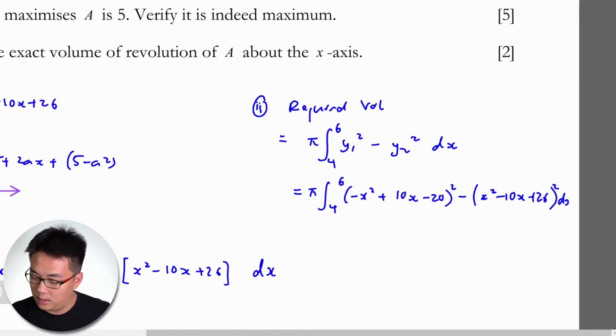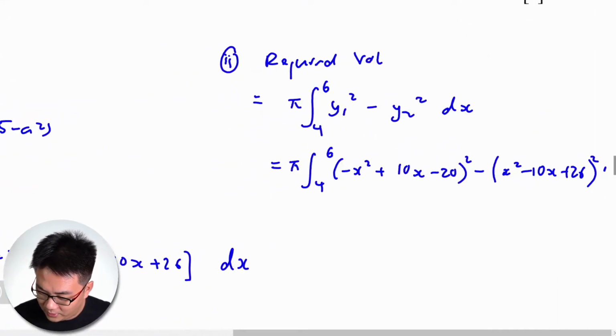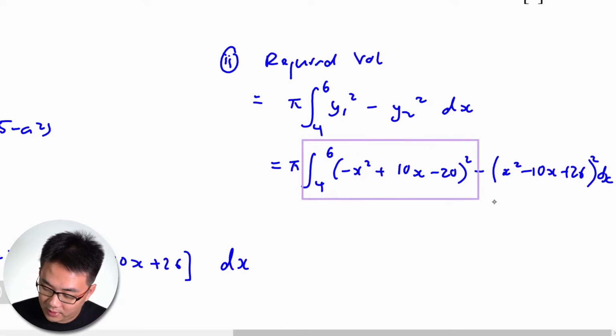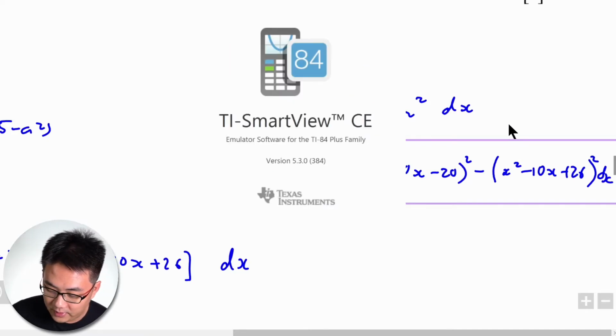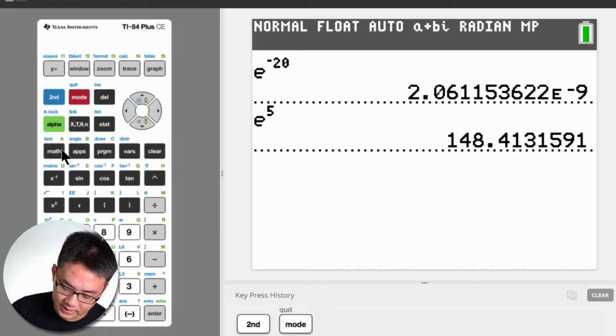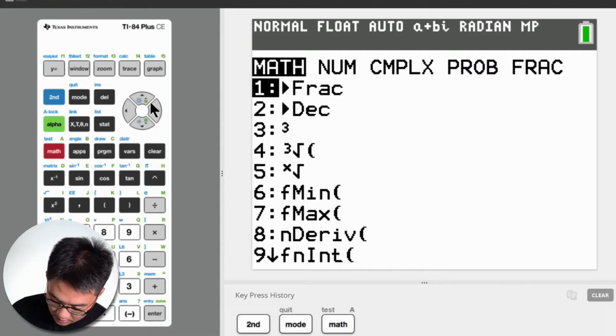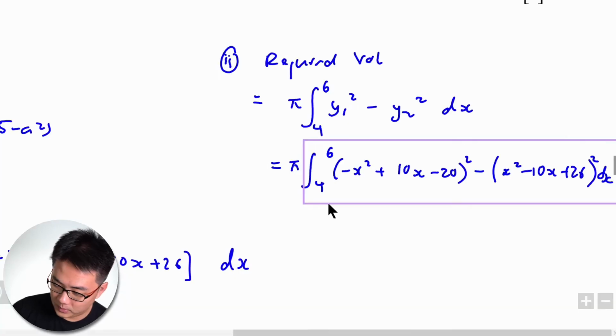Yeah, this is it. You are asked to find the exact value. I don't know whether if you use your calculator and key in for this part here, you could actually find the exact value. Should be able to. You could try. So I'm gonna try it and see if I get the exact value for this part here. If it does, then I don't really need to expand and calculate it, because now it's just one huge mess of things to integrate.